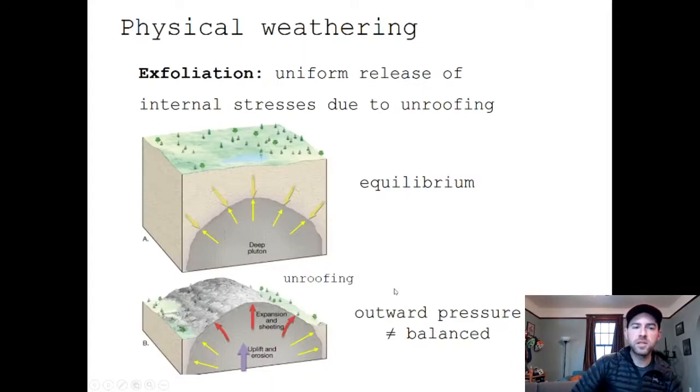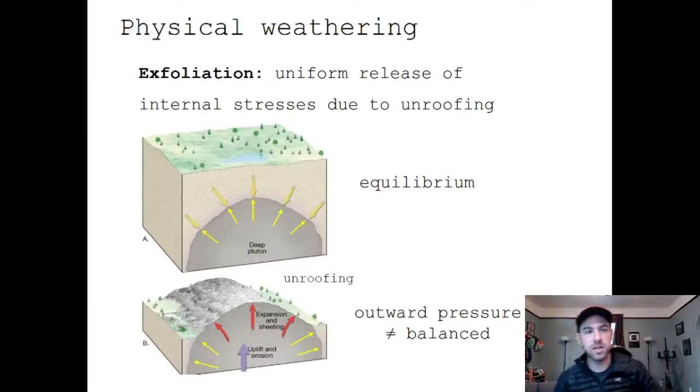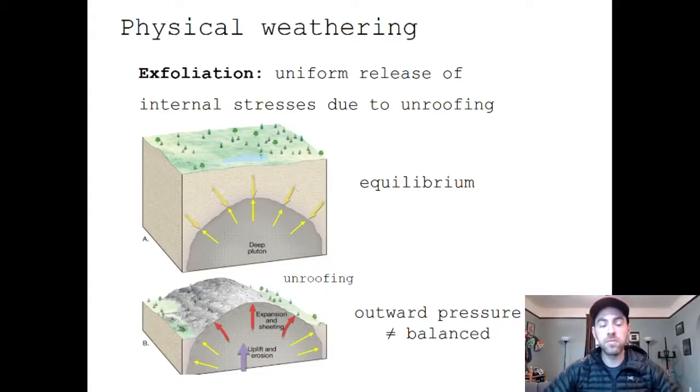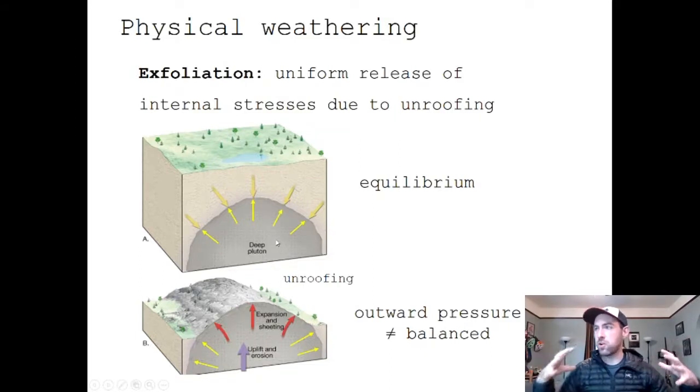Some of the physical weathering processes that we can talk about include exfoliation. This is a relatively common weathering process in plutonic rocks like granites, for example. Exfoliation occurs due to the release of internal stresses.